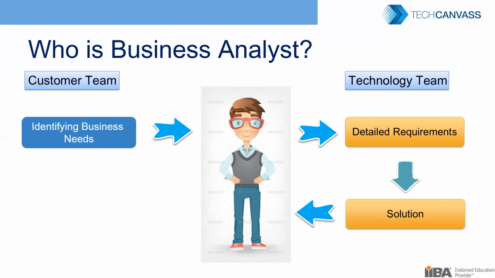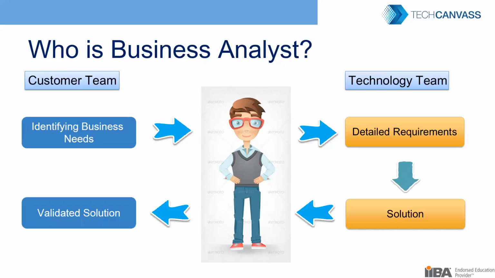The solution has to be validated before it is given back to the customer. So that's the cycle of business analyst work. They start by understanding the requirements and giving a validated solution to the customer. So to summarize this, this is like an intermediary role between the customer and the development team.